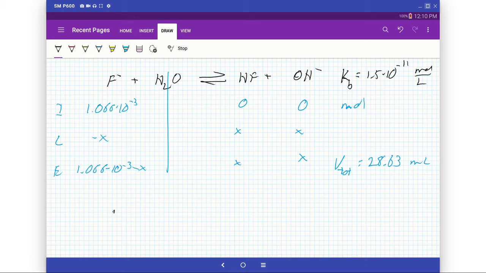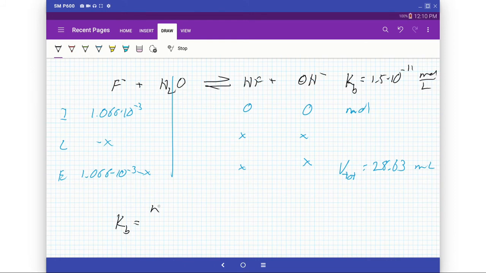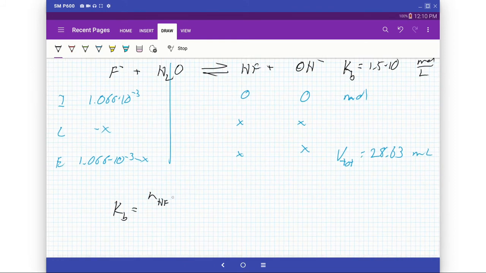So our Kb equation would be the number of moles of HF times the number of moles of hydroxide, number of moles of fluoride times the volume. We just went through how that comes to pass.